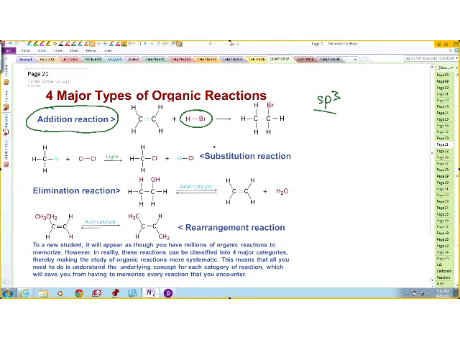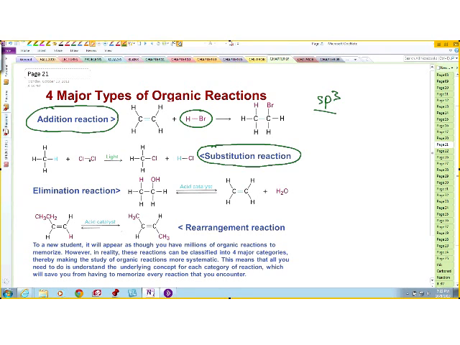The next category of reaction is what we call substitution reaction. Most of these names actually do explain themselves. An example of a substitution reaction here: we are replacing one of the hydrogens in methane with a chlorine atom.